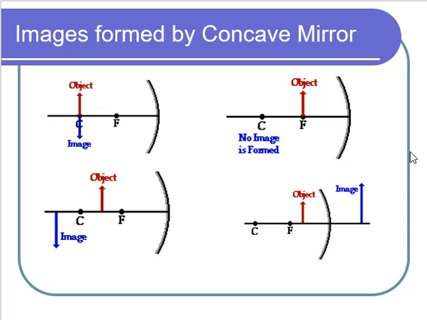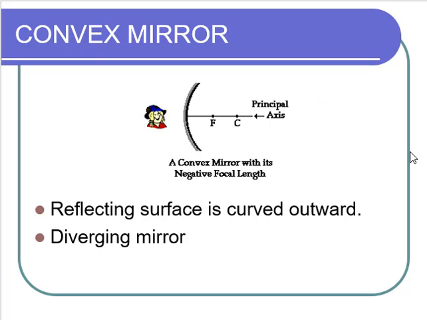If the object is located exactly at the focal point, no image is formed, so you will see no image. But if the object is placed between the vertex and the focal point, we are expecting that the image will be virtual and it's magnified. That's for concave mirror. Now let's take a look at the convex mirror.